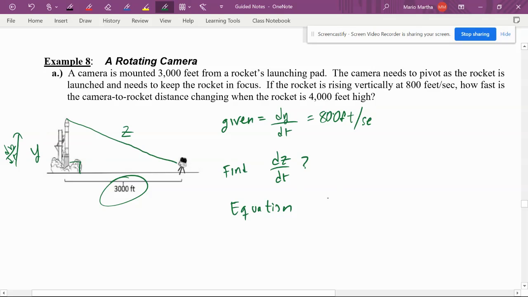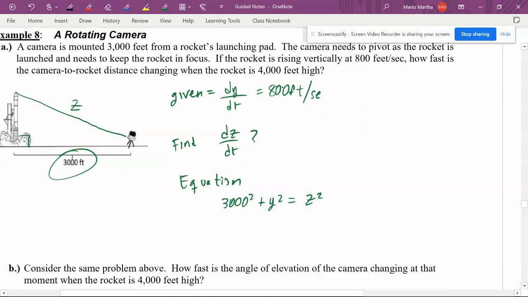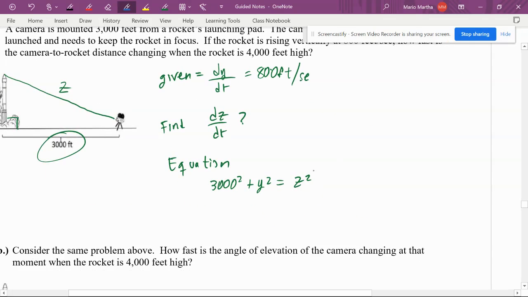So we're going to say 3,000 squared plus y squared should be equal to z squared. And then we take the derivative. This is pretty much just 0, it's a constant. So we get 2y times dy/dt equals 2z times dz/dt.